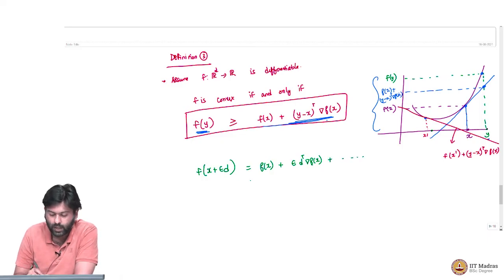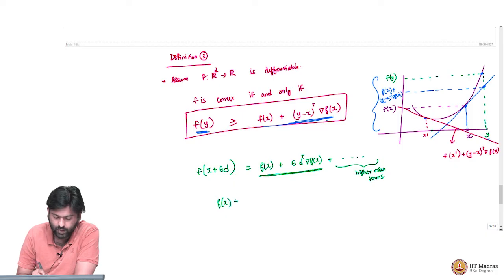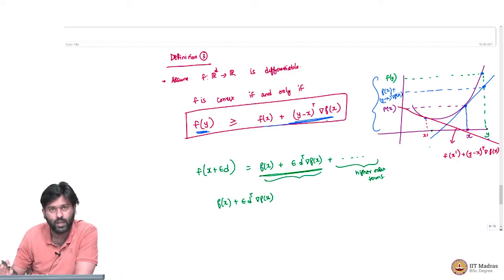If I ignore the higher order terms and approximate this function using only the linear terms, then the approximate function is going to look like f of x plus epsilon d transpose del f of x. It is just this part; I have removed the other part.